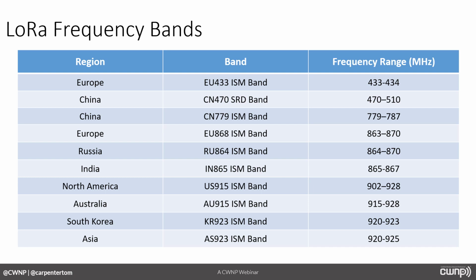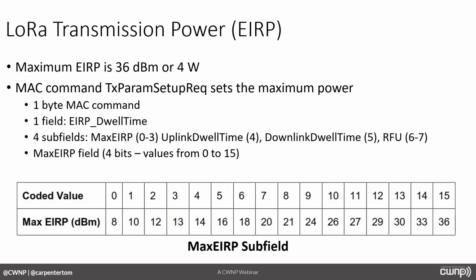So if you just go to Google and search for LoRaWAN Regional Parameters, you'll find this document, and that middle column, EU 433, CN 470, if you just search the document for that, it'll take you right to the section that details how the frequency band is used, what the channelization is, how wide the channels are, what the spacing between channels is, all of that. So that information is available to you in their documentation.